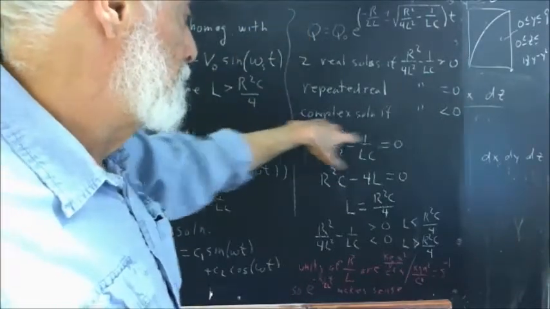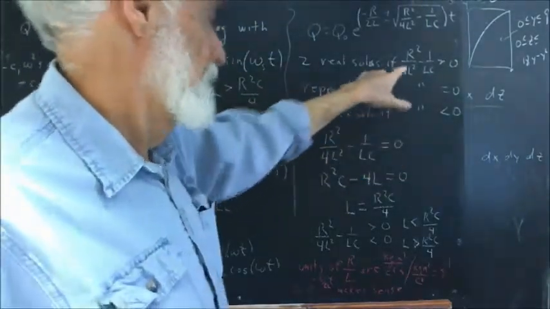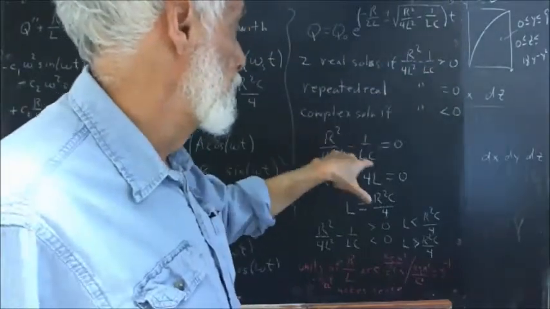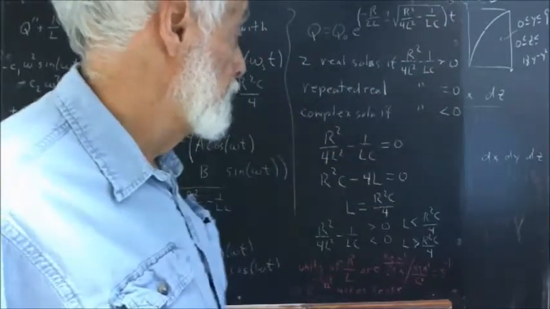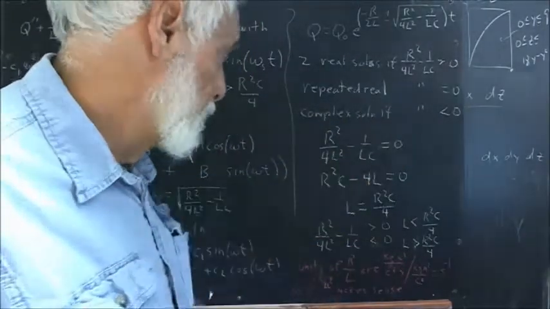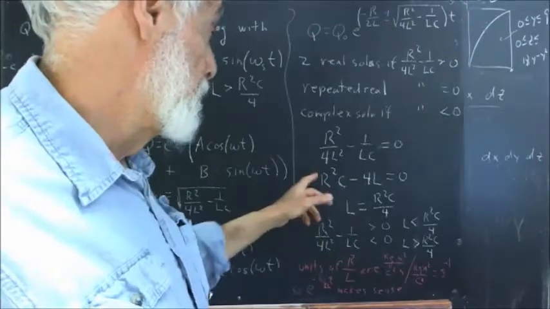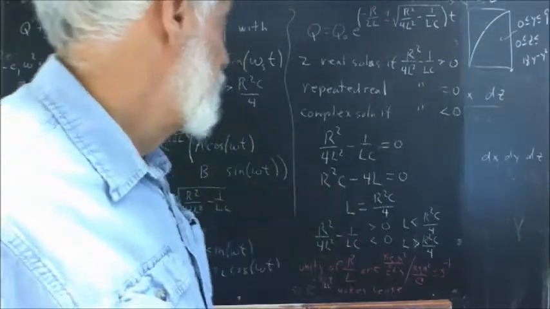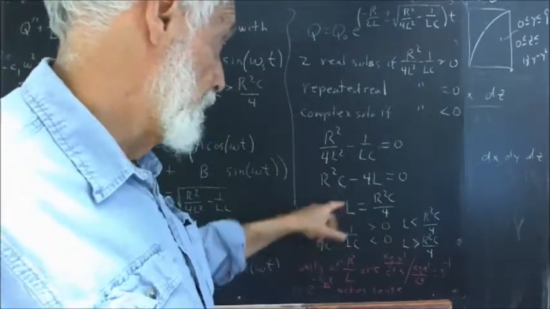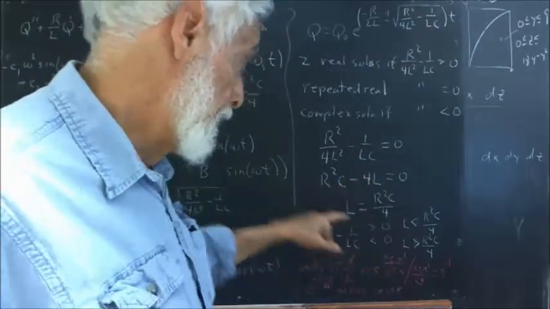Okay, now looking at what this implies, let's just see where R squared over 4L squared minus 1 over LC is 0. We rearrange that, multiply through by the common denominator, which will be 4L squared C, and we get R squared C minus 4L equals 0. L equals R squared C over 4.